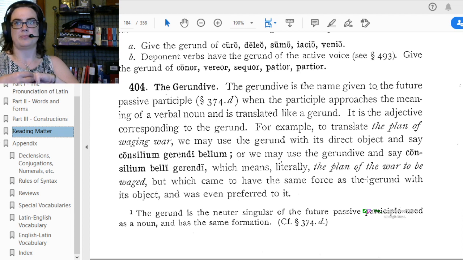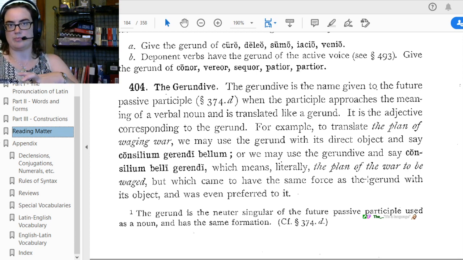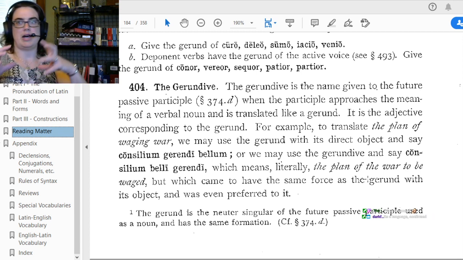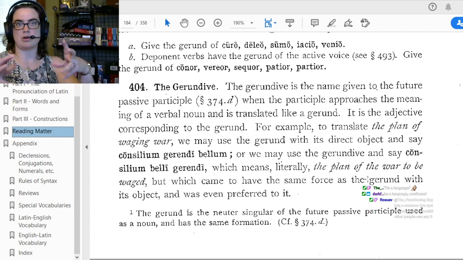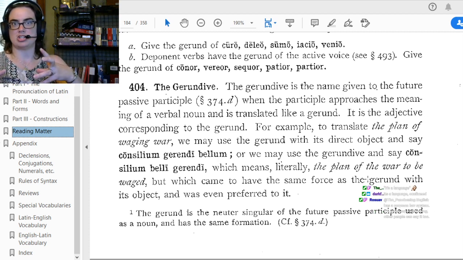For example, the translation, the plan of waging war. If you were to create a plan that was about waging war, the plan of waging war. That is a nominative with a genitive of waging, a genitive gerund with the object bellum.